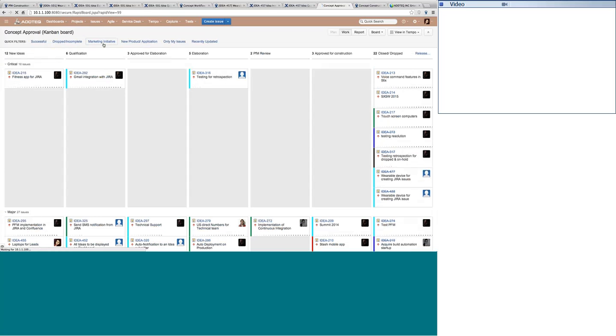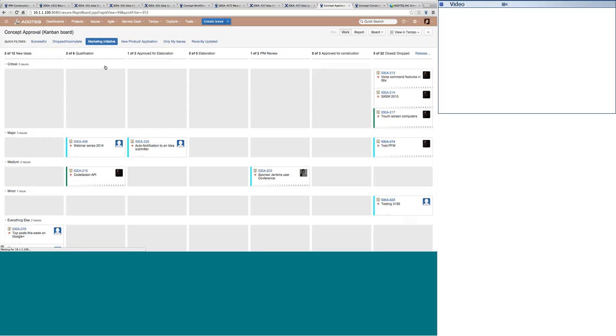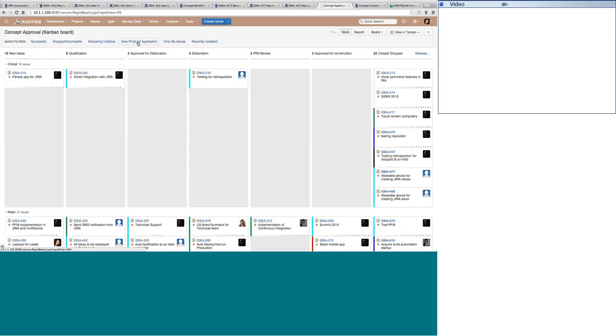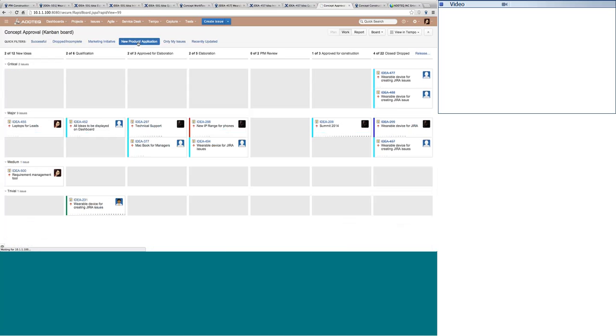We can simply click on the quick filter and see that these major or minor ideas are flowing in which are related to marketing. Or maybe if the business owner wants to see how many new products or applications, and anticipate how many products his organization is going to launch in the coming future, he can simply have this.